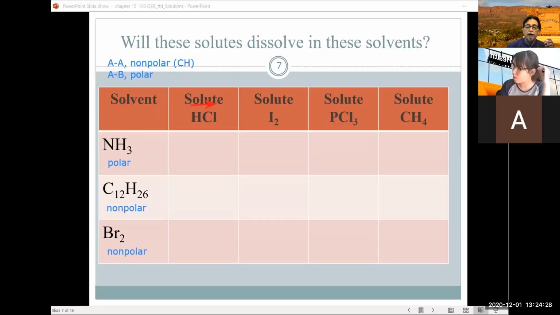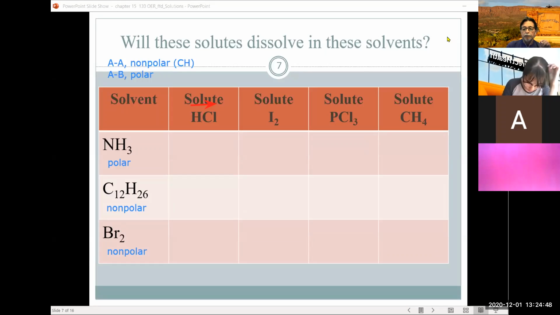If your compound has polar bonds, normally the molecule is polar, unless the polar bonds get canceled out, okay? That's the thing to remember about this.